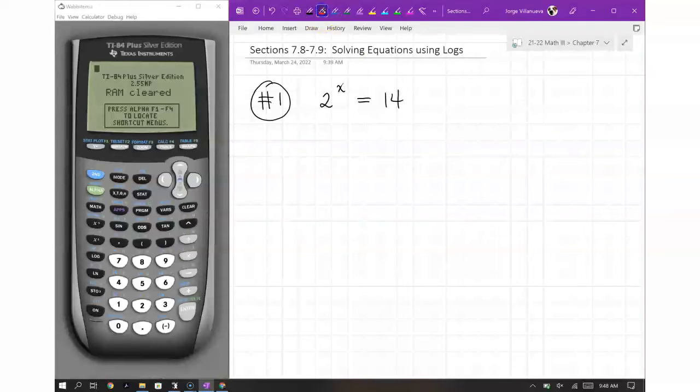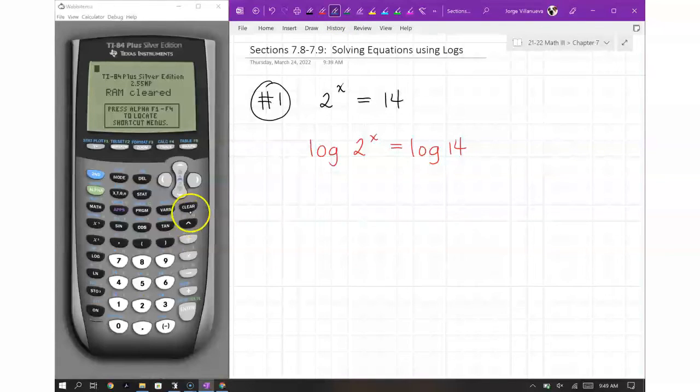So here's your workaround. You're going to do log of 2 to the x equal to log of 14. Now you might look at that and say, well, that doesn't make it look easier. It looks more complicated, right? Well, yeah, it looks more complicated, but what can you do to a power when there's a log there? What are you allowed to do based on properties?